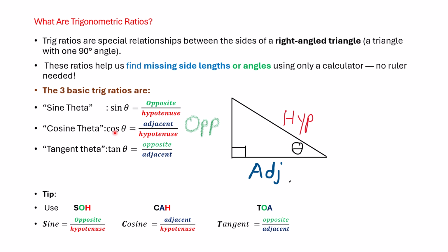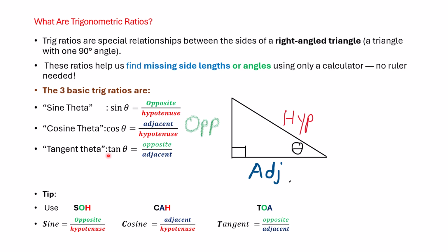If I said cos theta, or cosine theta, the complement of sine, then cos would be adjacent, what is next to the angle, over the hypotenuse. Adjacent will always be next to the angle, and the hypotenuse is always opposite the 90 degrees. So cos theta is adjacent over hypotenuse.